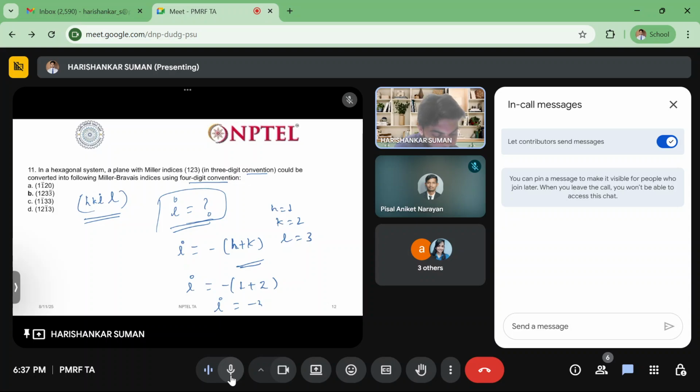So I will be minus 3, and the notation is H 1, K 2, I minus 3, L 3. You can write it like that, 3 bar and 3. This will be the answer. Easy.